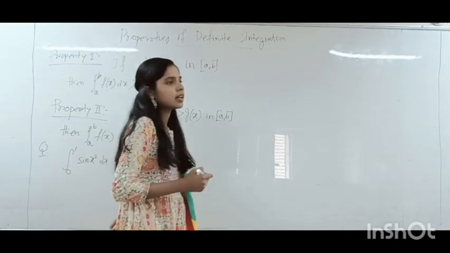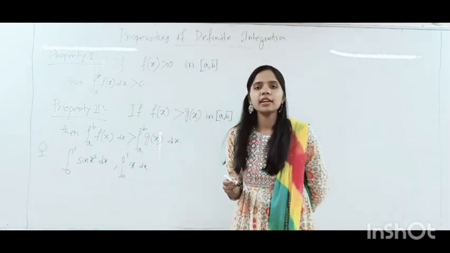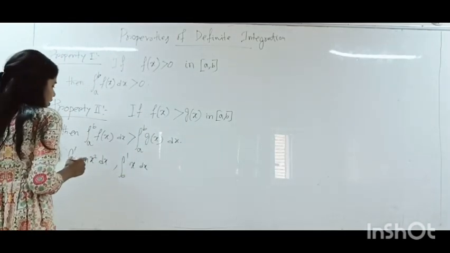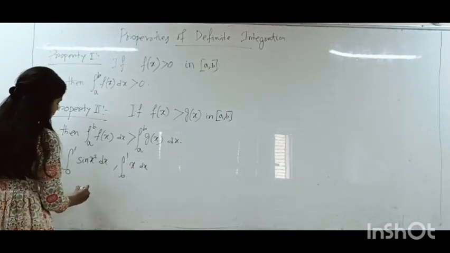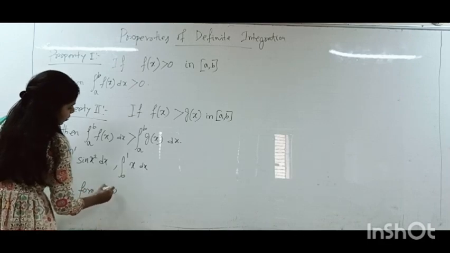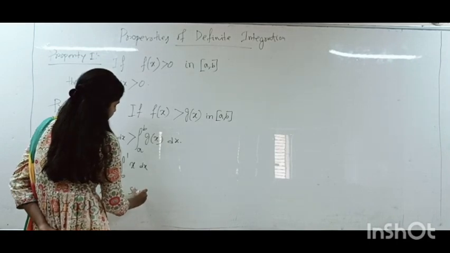What we know is that for theta greater than 0, sin theta will be less than theta. So for x greater than 0, we know that sin x is less than x.